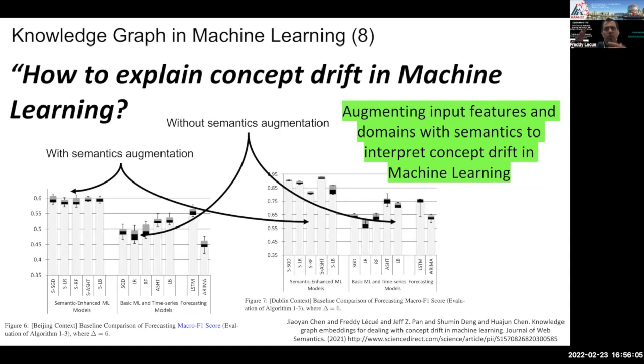So the initial concept that you were capturing is drifting. The drifting could also be on the input data, or on both. So when you detect that drift, can you explain it? There has been some work on this particular problem.